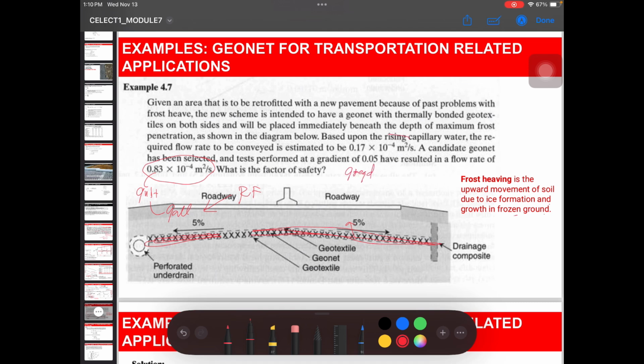Q required is this one. Ito daw yung kailangan na i-drain na water na umaakyat by capillary action ng tubig galing dito. So, capillary, gagamitin din natin yun kasi basehan sa pagkuha ng factor of safety or reduction factors natin.